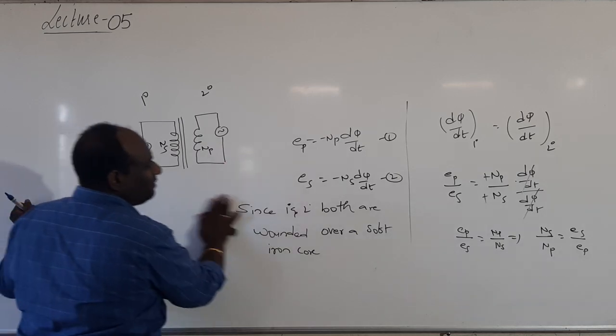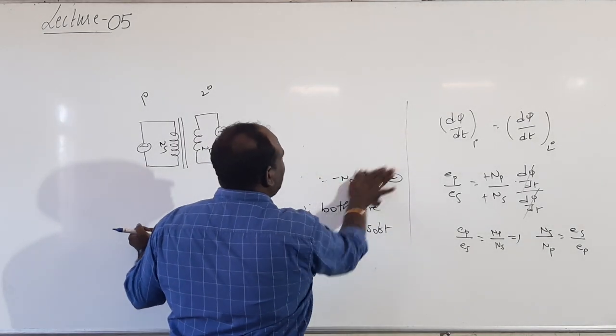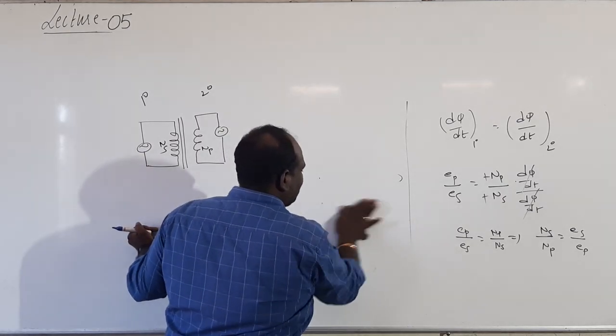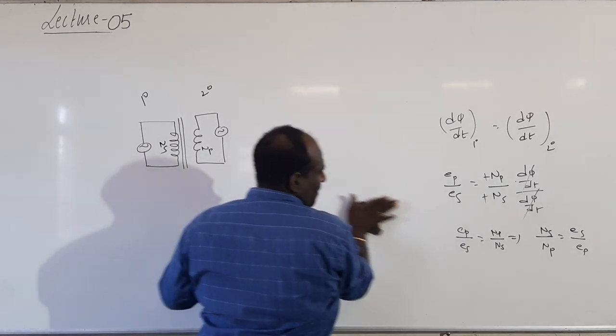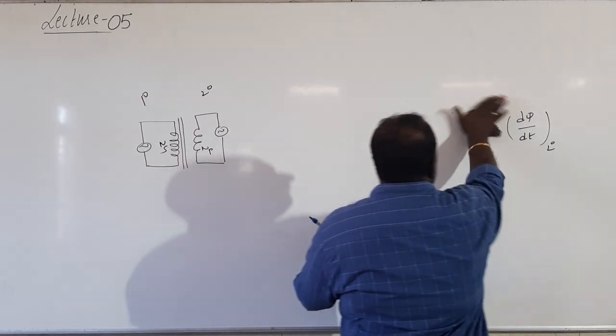Based on the ratio of Ns by Np, we can divide transformers into two types. The transformer ratio: here Ns by Np equal to Es by Ep.